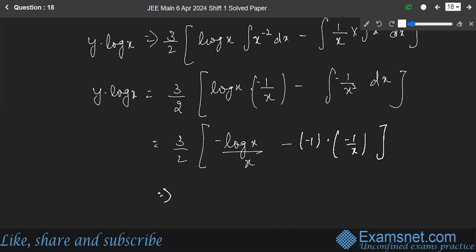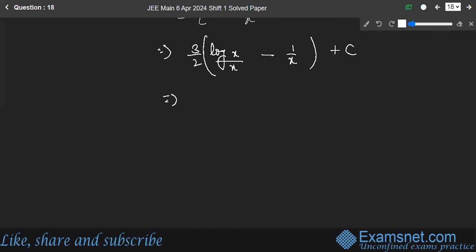So this will be 3 by 2 log of x upon x, and here will be minus 1 by x plus c, because here the integral has been solved. So that was equal to your y log of x, correct? So this is the final equation you have. Or you can do one thing: let's take this x also outside. So this will be log x minus 1. Now this is pretty easy.